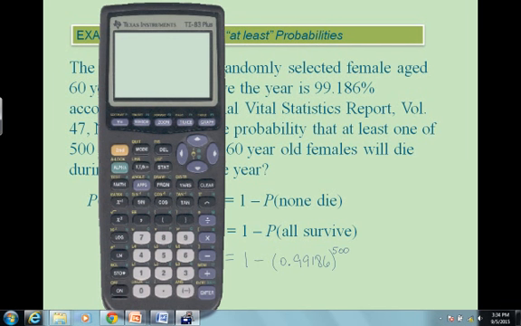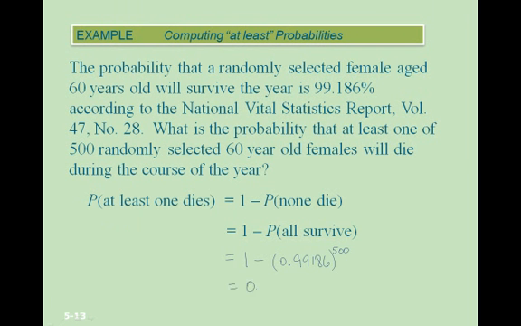So we can put this in our calculator, and we have 1 minus 0.99186, and we'll raise that value to the 500th power and hit enter. And we see that we get 0.9832 as our probability that at least one will die during the course of the year.